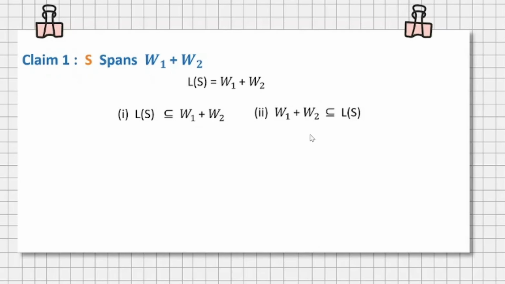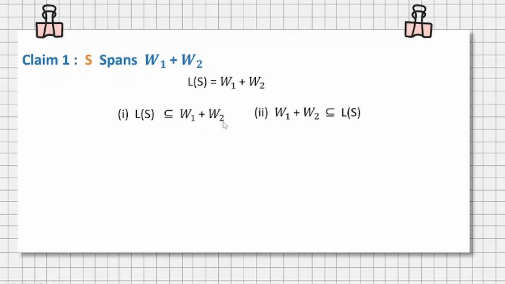What is L of S? It is the set of all finite linear combinations of the set S. More we can say: L of S is the smallest subspace containing S. Here W1 and W2 are subspaces, then W1 intersection W2 is a subspace, and W1 plus W2 is also a subspace.